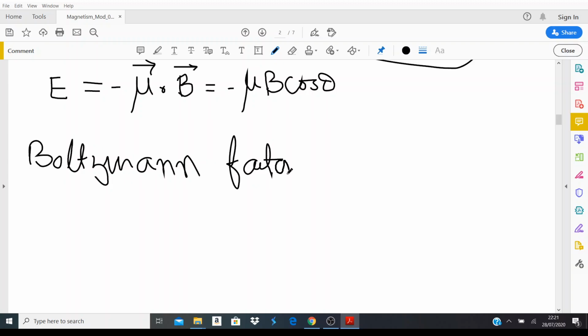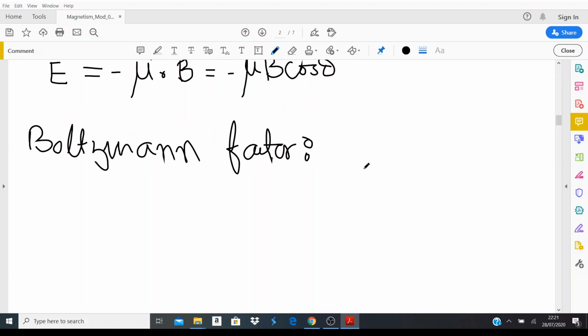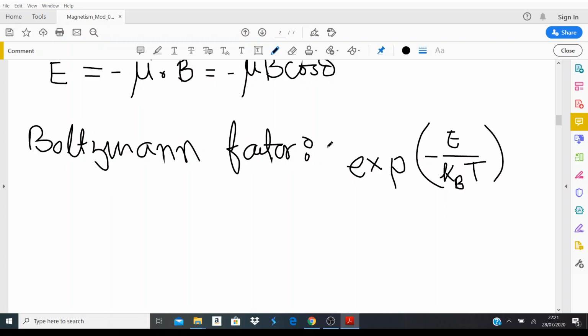You will see why I need this quantity. Usually the Boltzmann factor is defined as the exponential of minus energy divided by the Boltzmann constant times the temperature of the system. That's known as the Boltzmann factor. Take it as a rule if you have never come across this term.